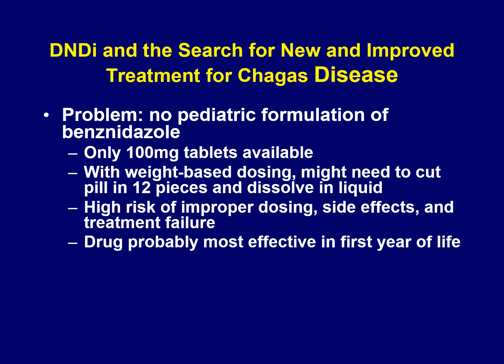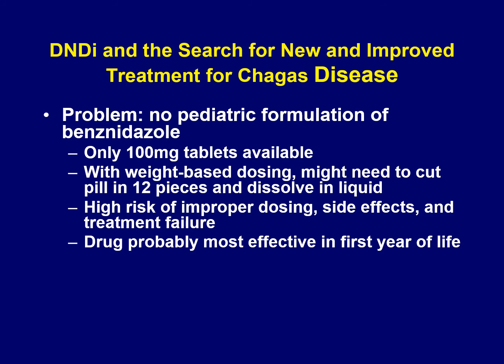Only 100 milligram tablets were available. And for children, we treat them based on their weight. So we use weight-based dosing. A child who is 8 years old receives a much different dose than an infant, for example.